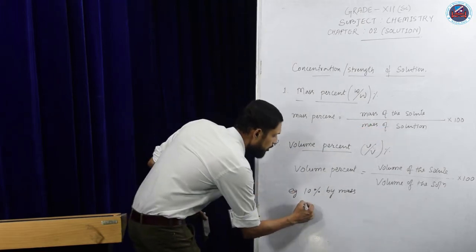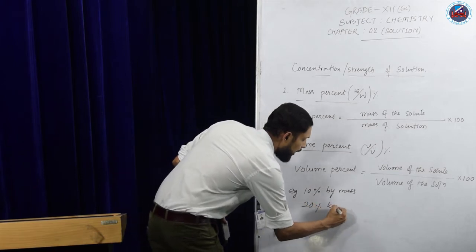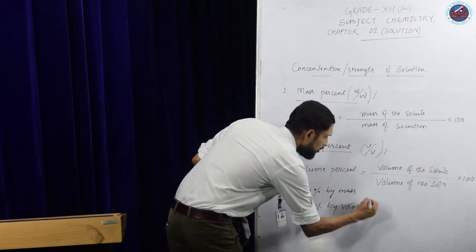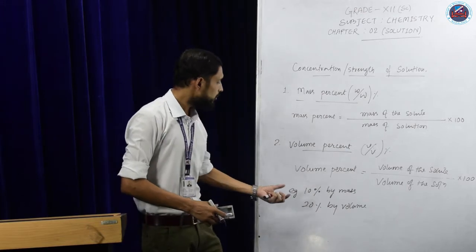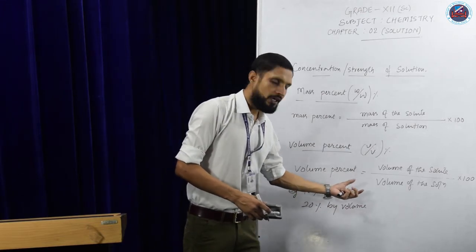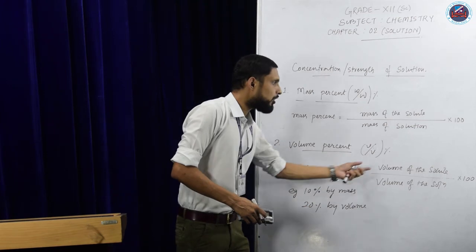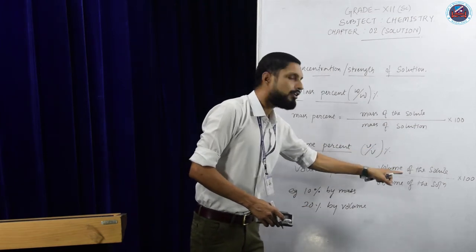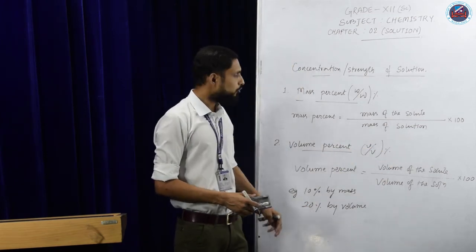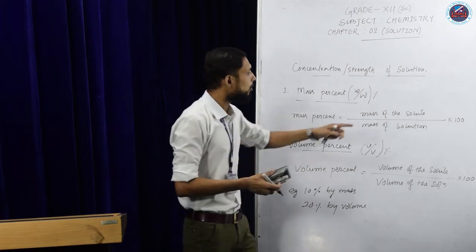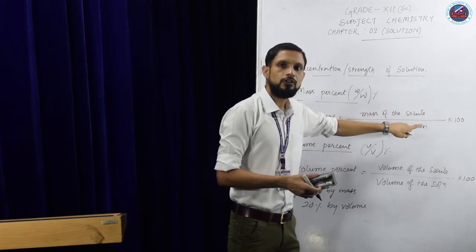Say you have 20% by volume. The strength of a solution is 20% by volume. It means you have 20 ml of solute in 100 ml solution. So it's always expressed in terms of solute and solution.